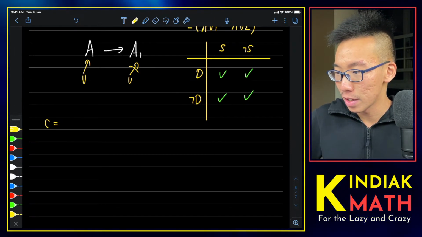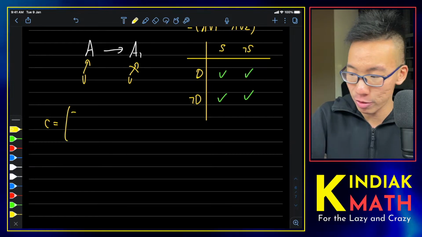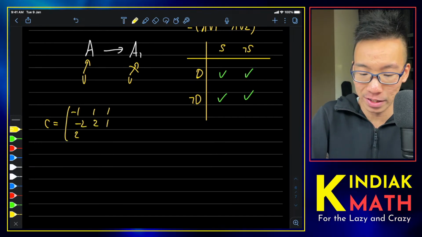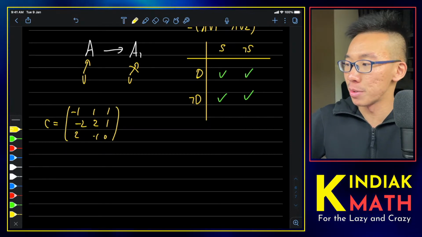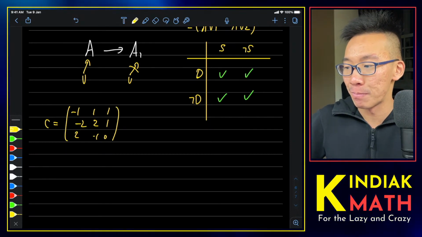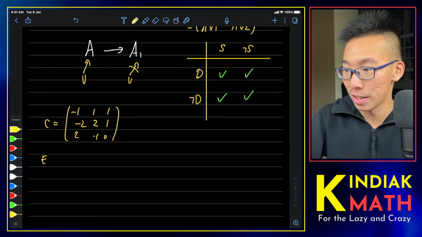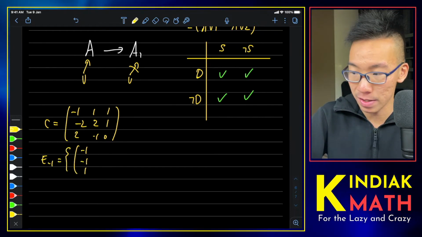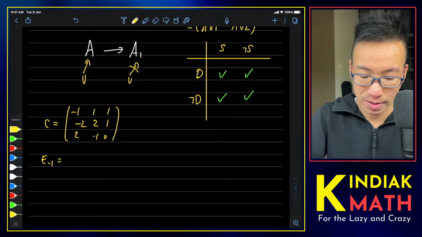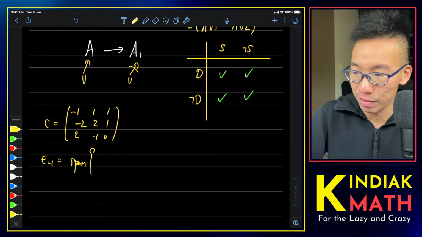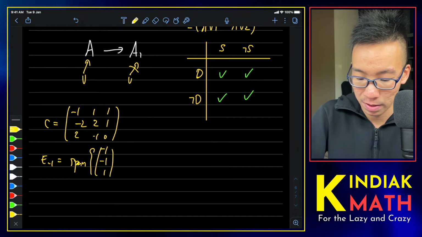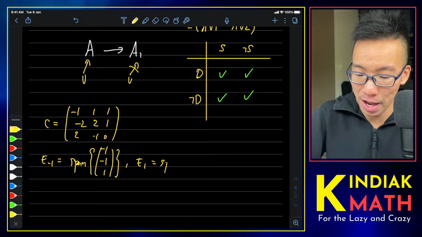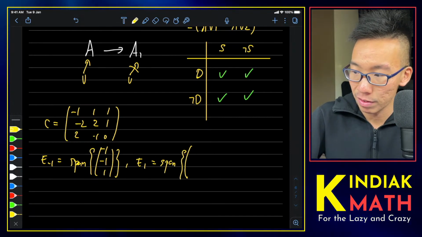For C, let me look at the matrix. We have this matrix. You can check that it has eigenvectors and eigenvalues given by: it has an eigenvalue -1 with the span of this basis, and the eigenvalue 1 has the span of this basis.